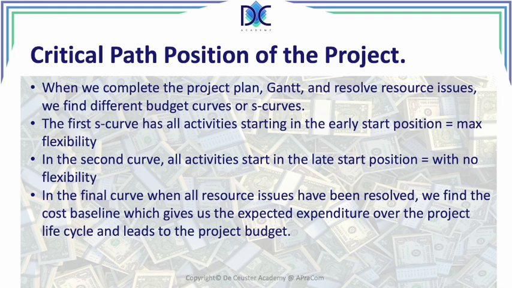And this is in fact what we call the planned S-curve. So we have all the activities in their planned start and finish times, which may be different from the early and the late start and finish times. Now we see the overview, how we expect to spend money over the project lifecycle.